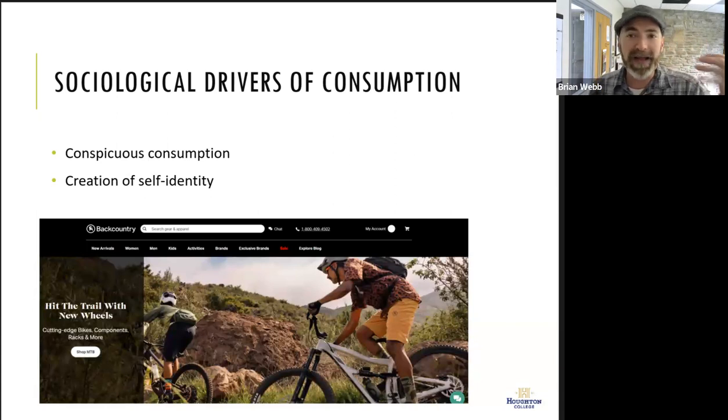Similarly, I'm a big backpacker. I'm big into outdoorsy type stuff. I shop at Backcountry a lot. If you look at Backcountry's website, these are the things that you should buy in order to be a backcountry outdoorsy kind of guy. You should wear this shirt, these pants, this hydration pack, that bike. These are the kinds of things that define who you are if you're an outdoorsy person.